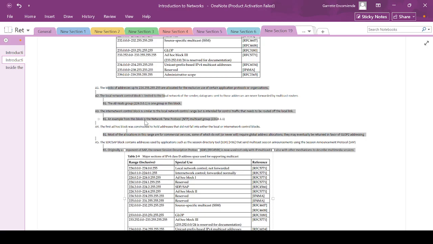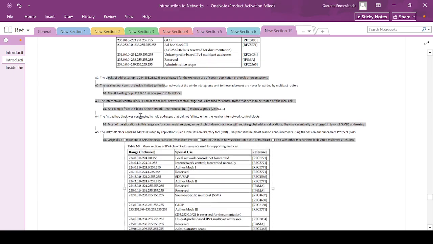It is controlled by the sender and it's limited to the local network, but it is kind of like the outside controller for best effort delivery, which is intended to control traffic that needs to be routed off the link. An example from this block is the Network Time Protocol multicast group. So NTP is one example of this.